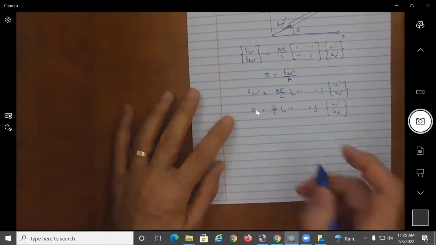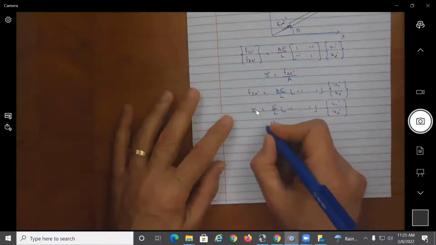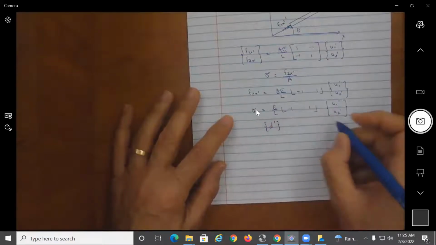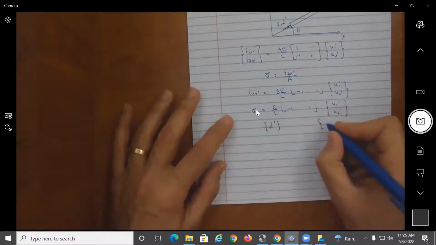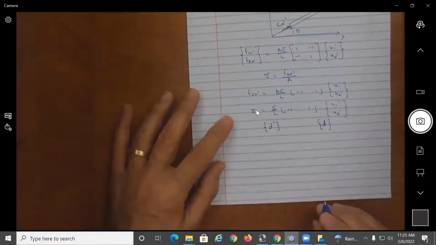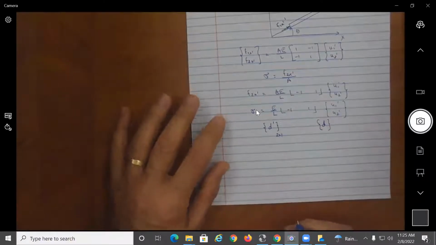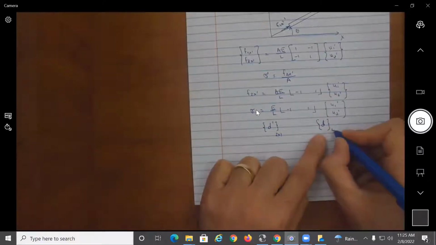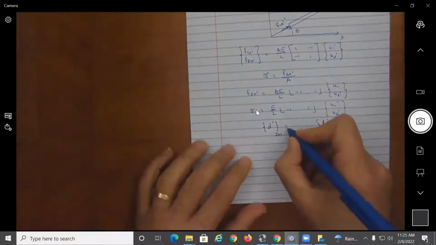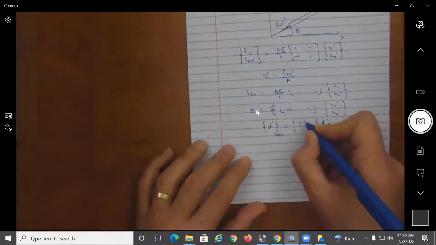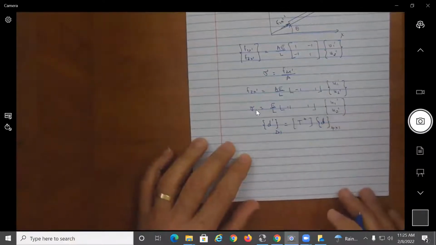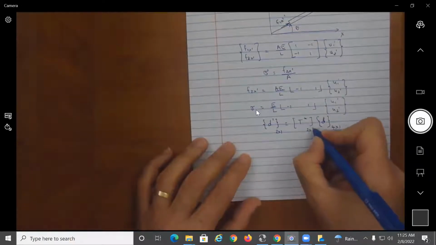Now we were able to relate the prime displacements to the global displacements, D. If I write here the prime as a 2 by 1, and I have D as a 4 by 1, then I will use this T star that we just were looking at, the transformation matrix, which is a 2 by 4.